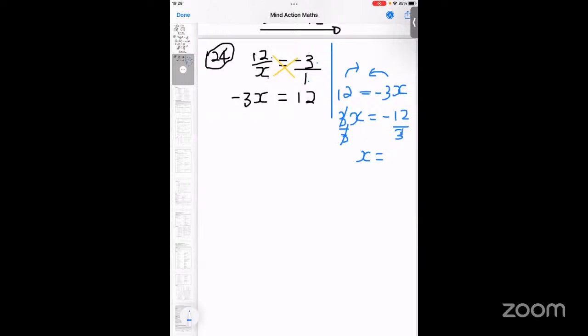It is -4. Okay, if you have to do it this side, you just divide by -3, that cancels with that, and then you've got your x, which is equal. That divided by that, it will definitely give you -4, and that is the end of it.